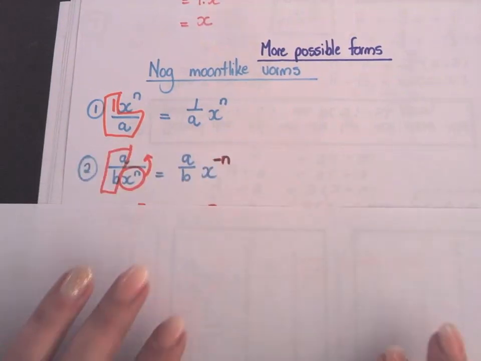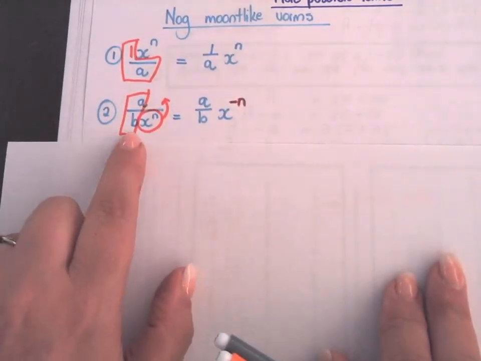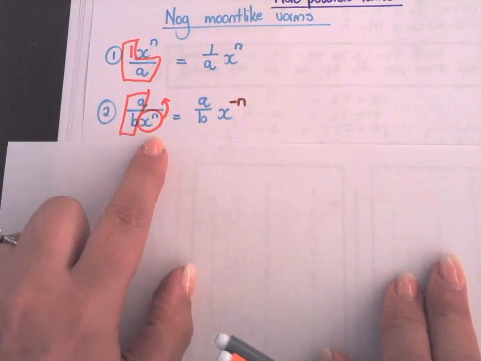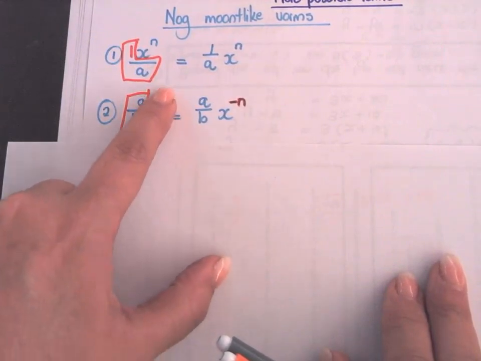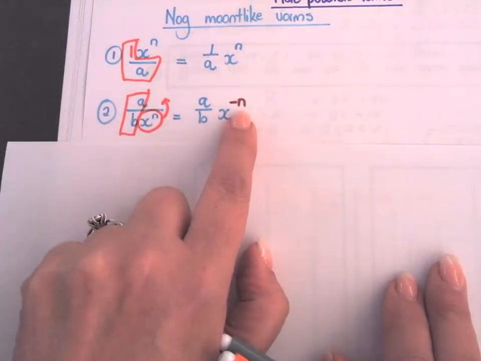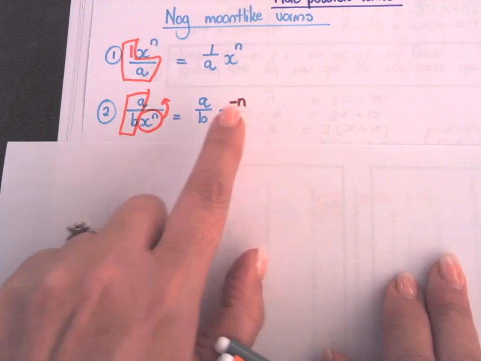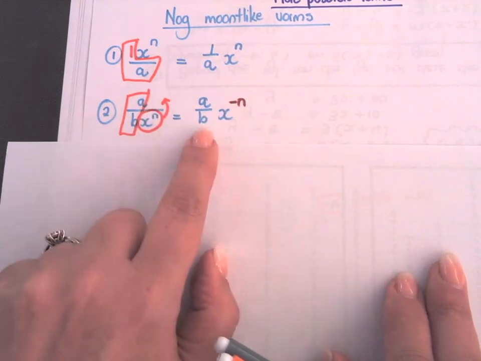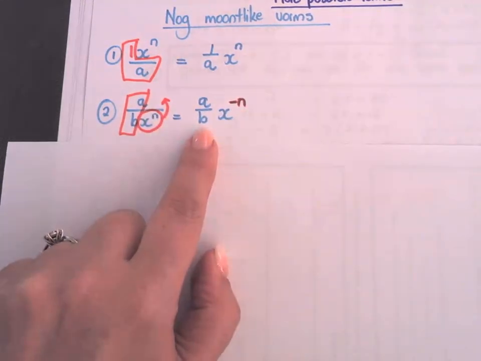Next one. a over b times x to the power of n. This x to the power of n must go to the top. So the exponent changes to a negative exponent. And what is left is your coefficient.